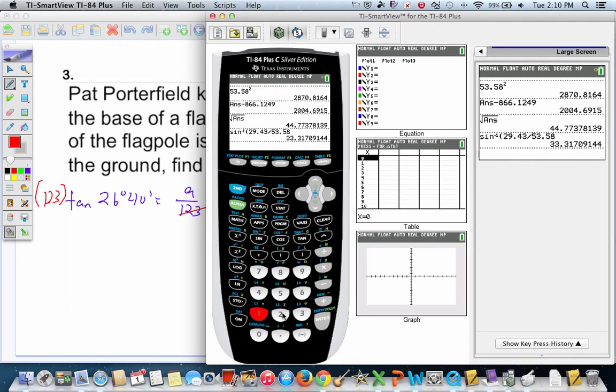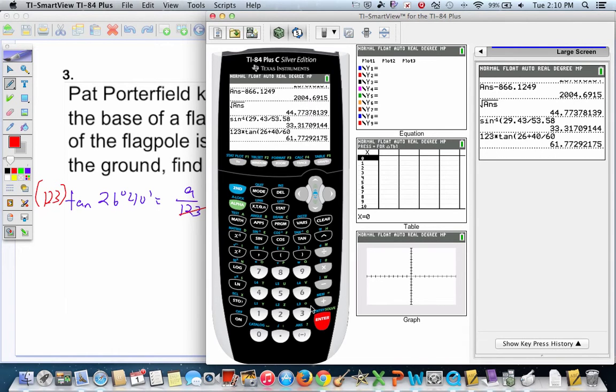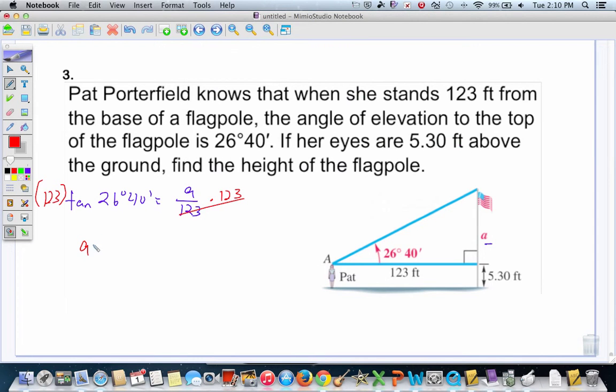Going to the calculator then, I have 123 times the tangent of 26 plus 40 divided by 60, and it tells us A is about 61.77 feet.